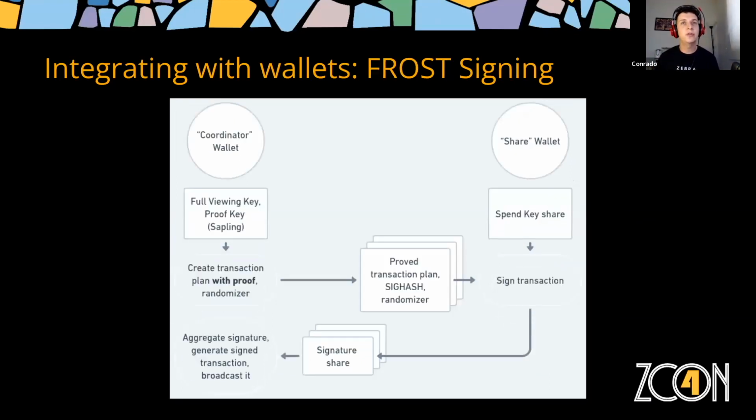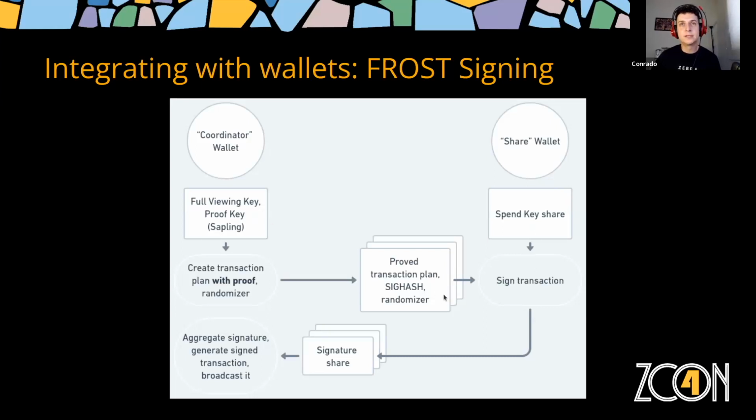FROST would be very similar. The workflow would be very similar. You would have a coordinator wallet. The tricky thing is that in the case of Orchard, you only need the viewing key, but for Sapling, you need some additional stuff. I forgot the name of the key. But you create a transaction plan, and you need to generate the ZK proof because FROST doesn't care about that.